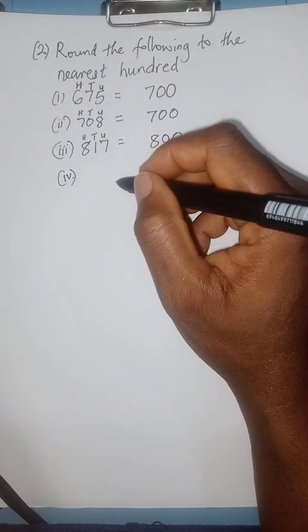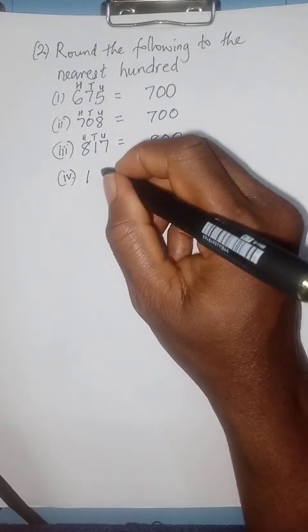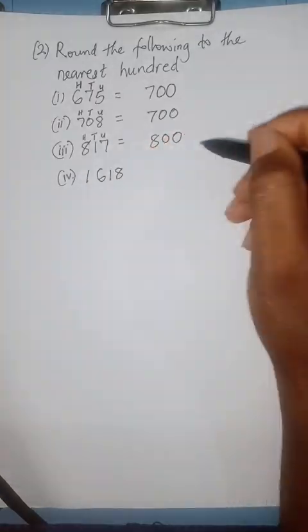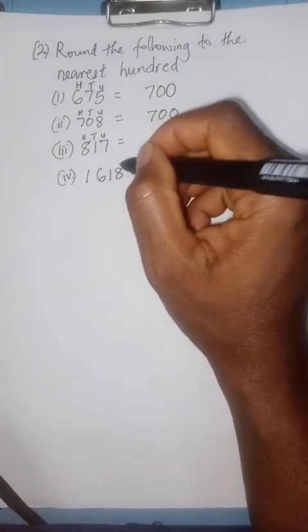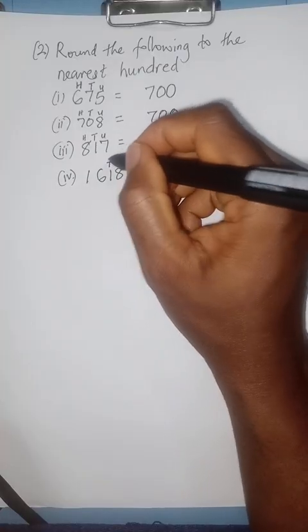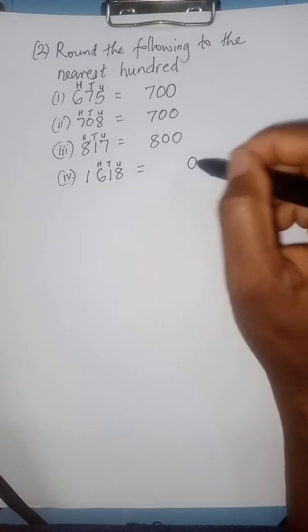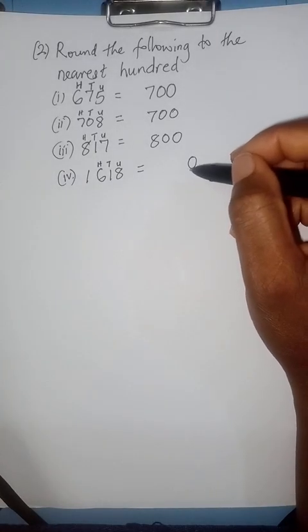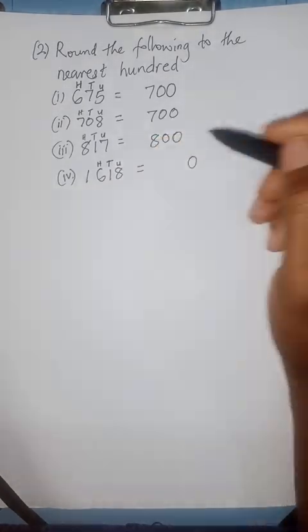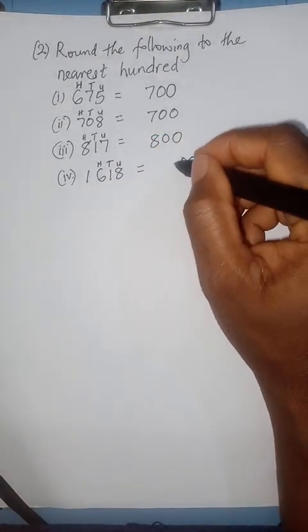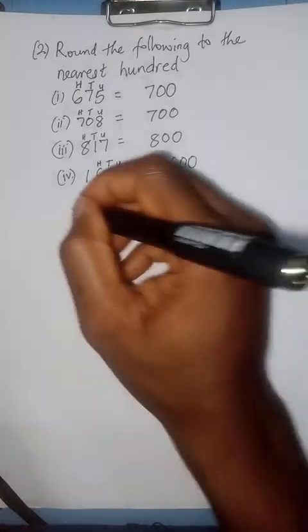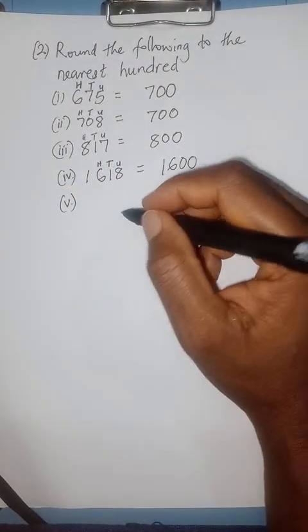Now Roman figure 4, I have 1,618. So our focus will be on the tens and the 100. So the unit will be 0. The digit under the tens is 1. So I'm rounding down. Convert it to 0, 6, then your 1. Let's go to number 5.